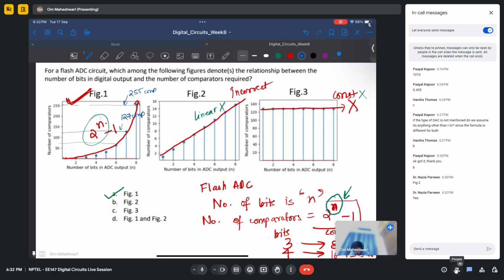For 6 bits, you would need around 63 comparators, something like this. Whereas in this case, for 4, it is 7 comparators. For 5, I think it has 9 comparators or something like this. So you have to be careful with reading the graphs.